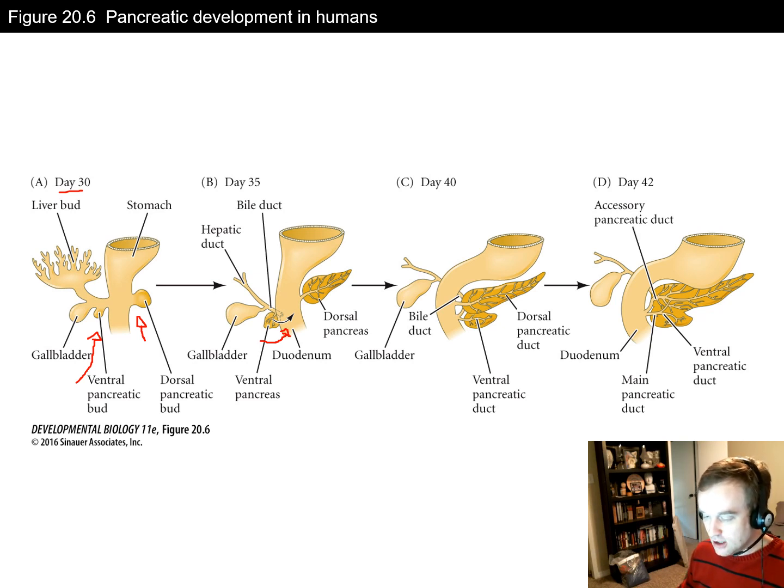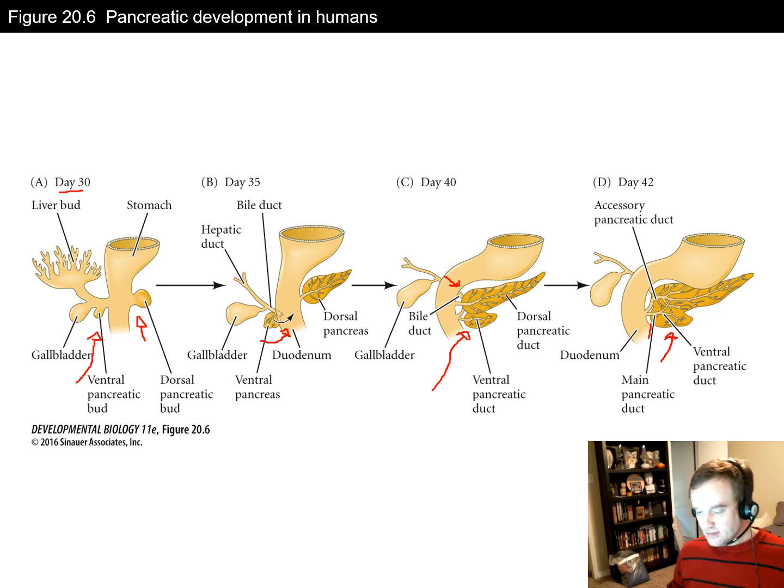By day 40, you can see that they are starting the process of fusing, and we have the bile duct that is interacting with the GI tract. And then by the 42nd day, we have fusion, and there won't be multiple ducts like there was at day 40. You'll lose a duct, and there'll only be one duct interacting with the GI tract in the duodenum.